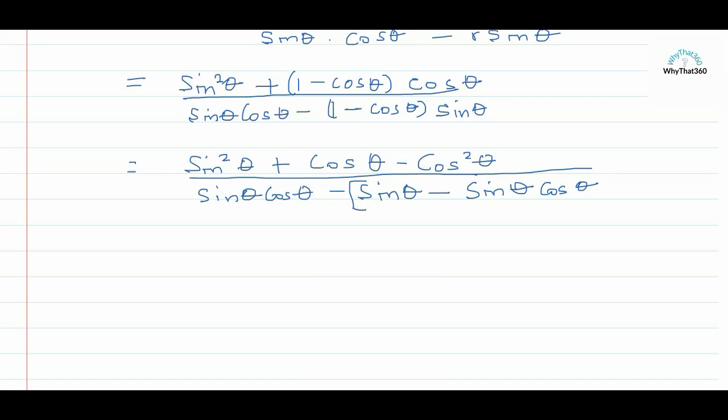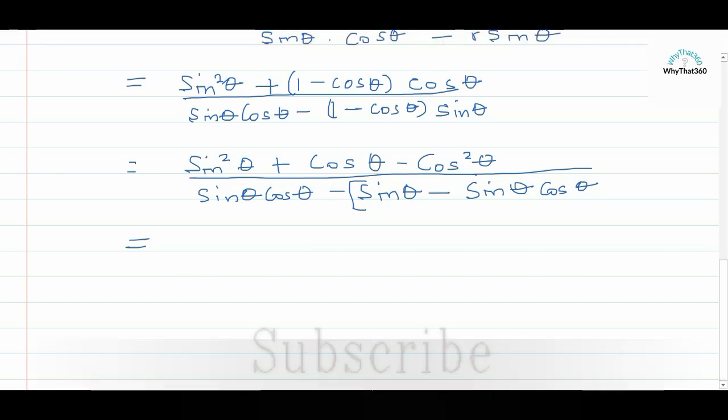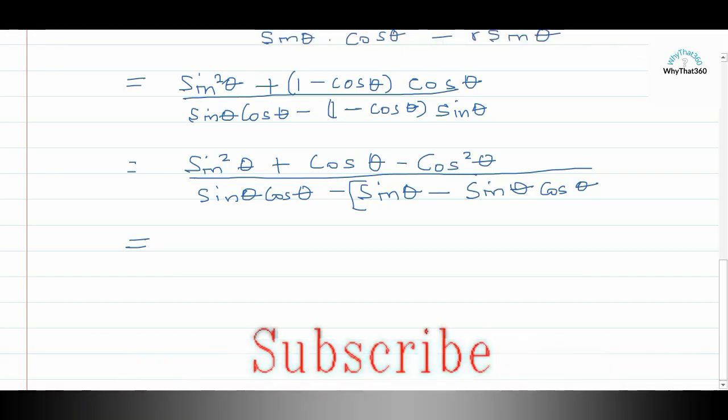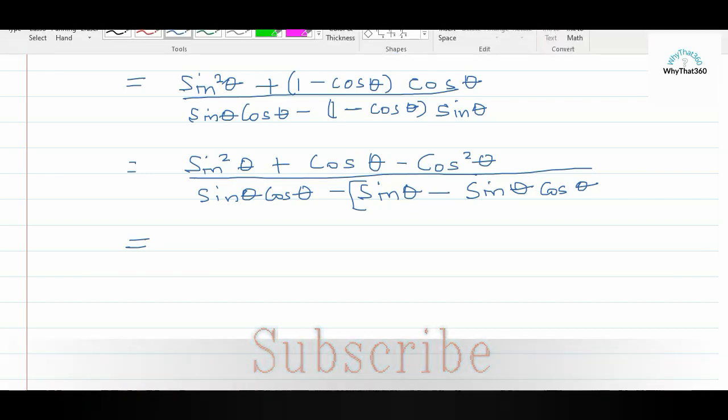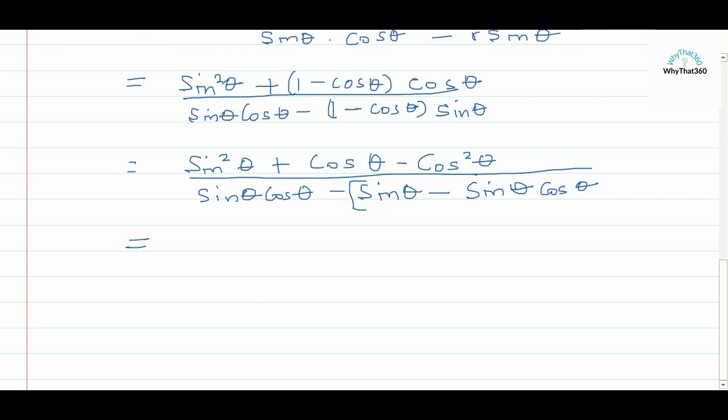If we remember from the trig identities, you will know that one of the identities says that cos squared theta minus sine squared theta is equal to cos 2 theta.